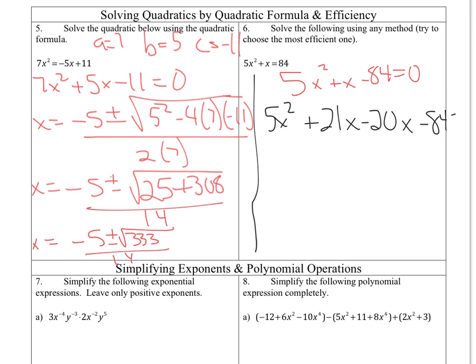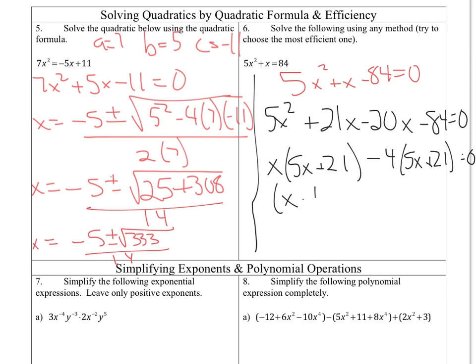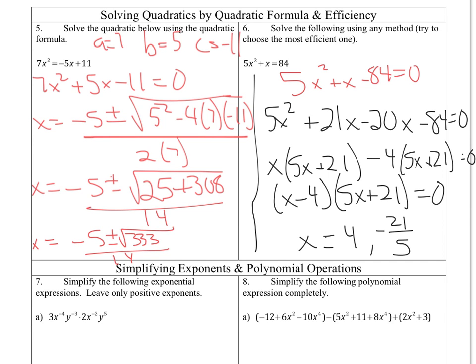So I can take out an x, 5x plus 21, and then minus 4, 5x plus 21. Then you'll have x minus 4, 5x plus 21. Solve both those, you'll have 4 and negative 21/5.